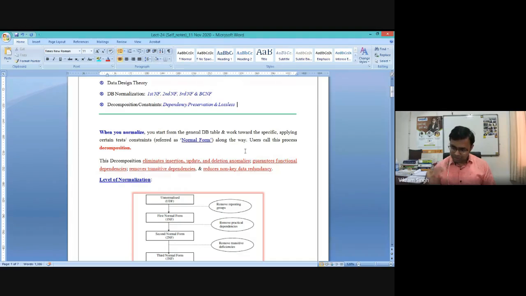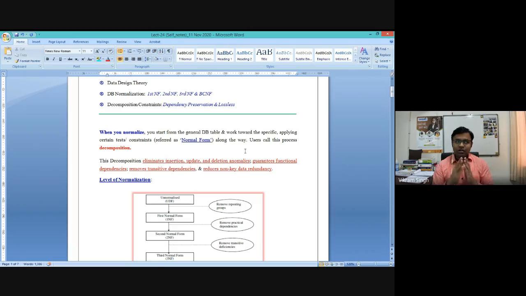And if some manipulation fails, it will create spurious tuples, negative tuples, redundant tuples, right? So it is observed that whenever we perform normalization, it removes these possible invalid values and redundant values which may cause anomalies, right? That is the advantage of normalization.